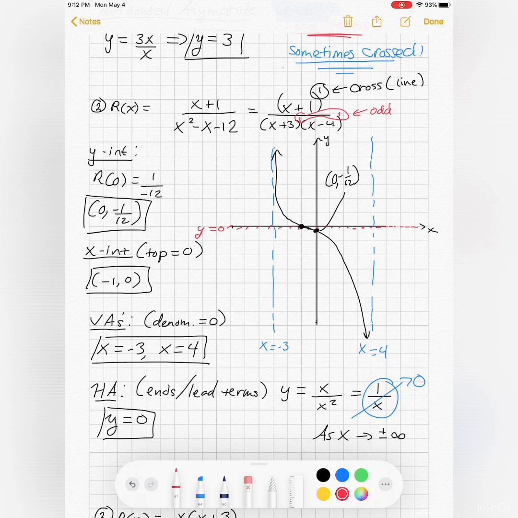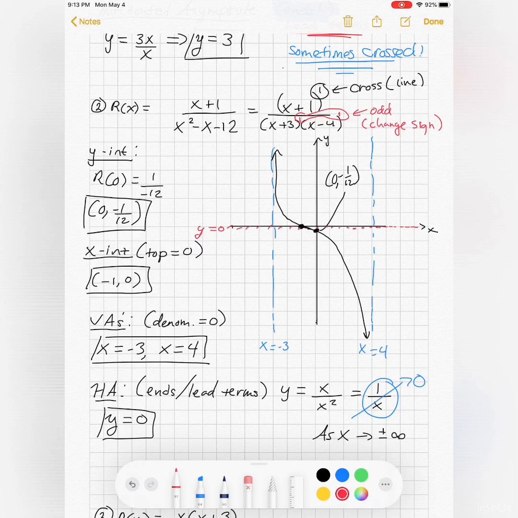So if I have an odd power, that generally tells me something crosses, right? So it changes sign from negative to positive. So that's the interpretation when I'm thinking about vertical asymptotes and their multiplicities. If I have an odd power, my graph is going to change sign as I cross that asymptote.